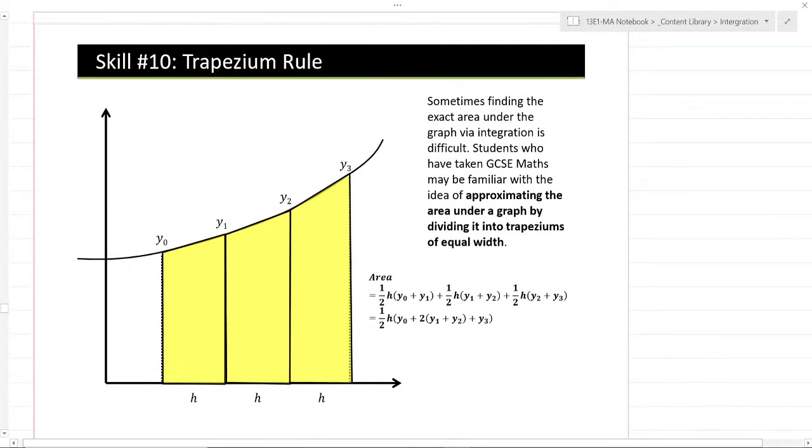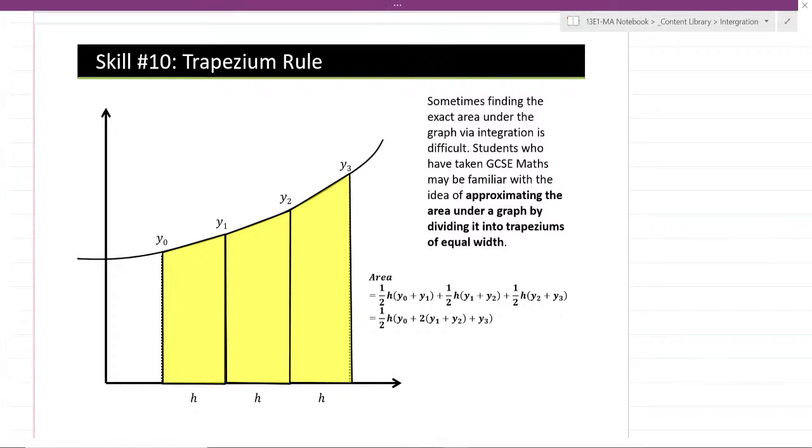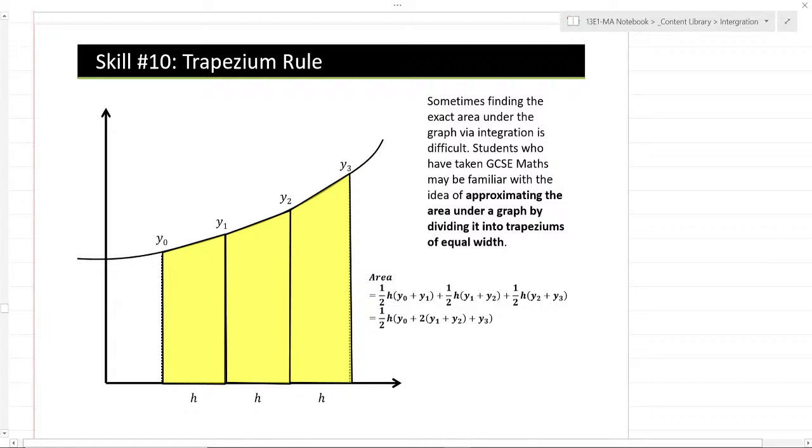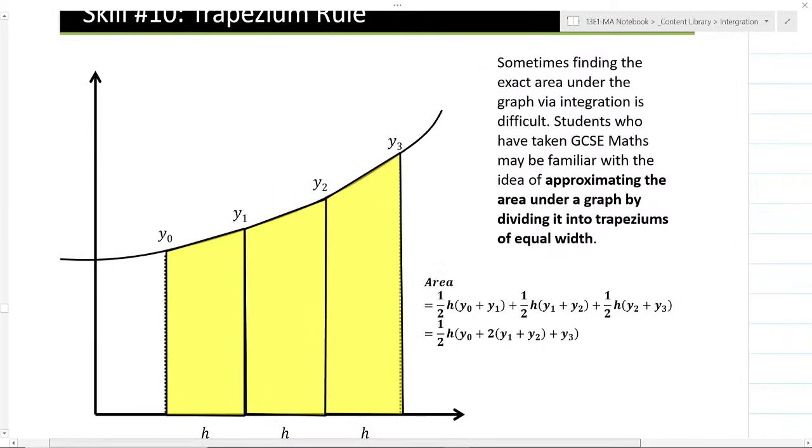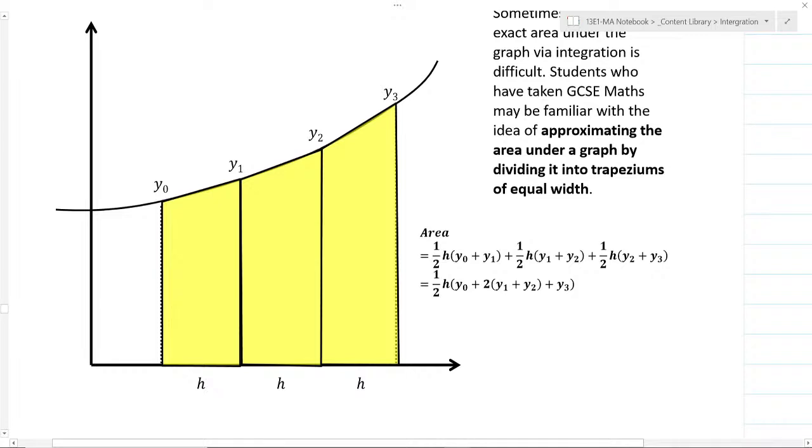So this is the formula, okay? Now, I'll talk you through this and where the formula comes from. If you have a look here, I'll zoom in so you can see it. Here we have a curve that we can't integrate.